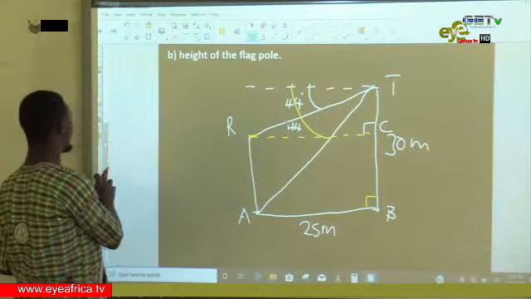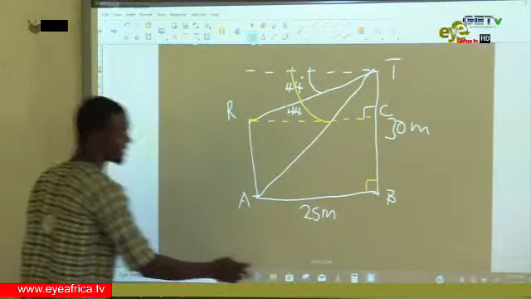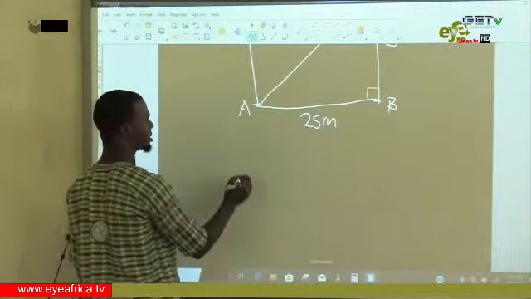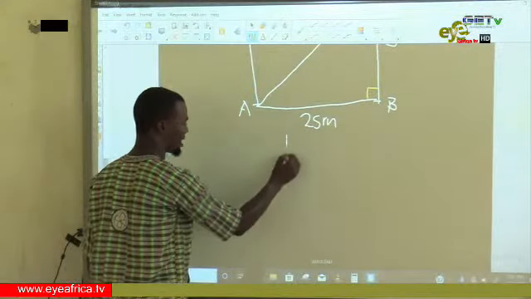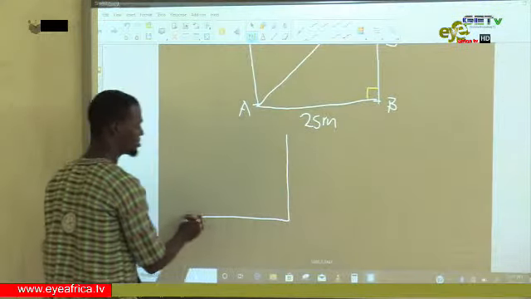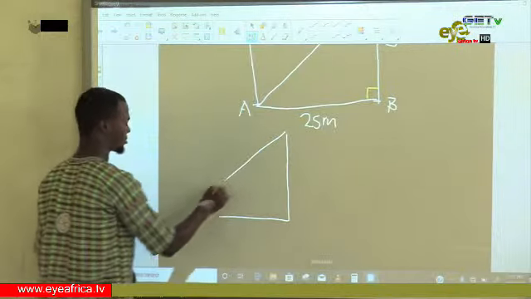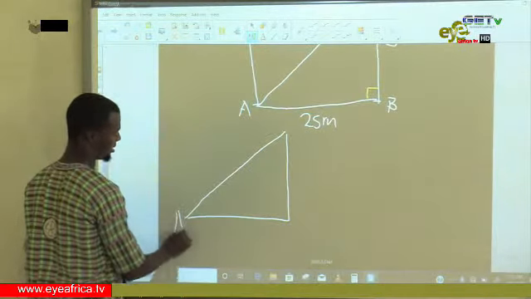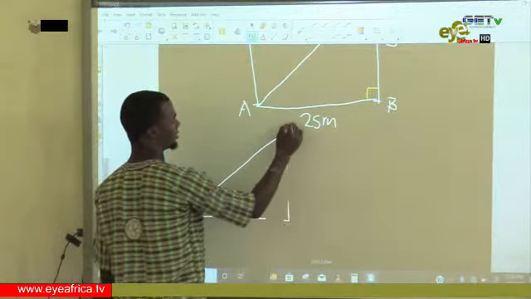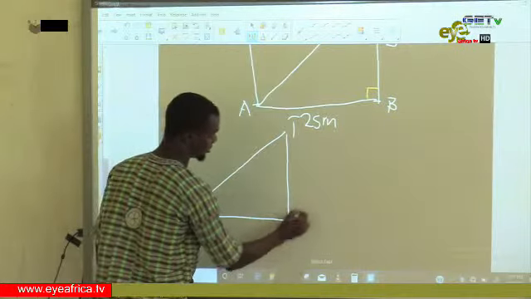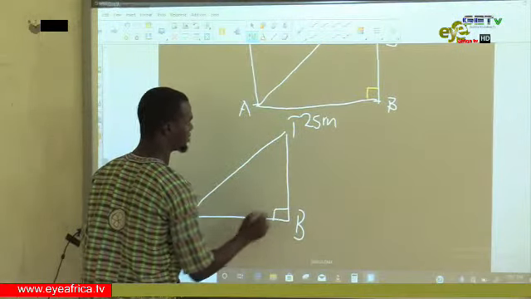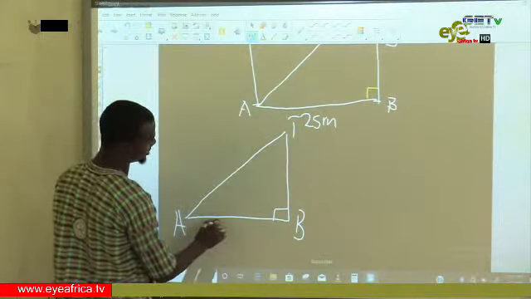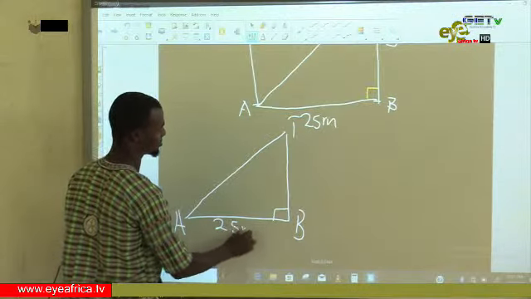Now let's find the angle of depression. As I said, we extract the right angle triangle. I will extract the triangle ATB, the bigger right angle triangle. This is 25 meters.